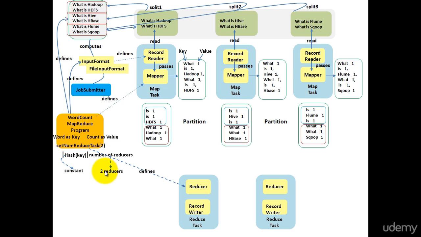In our example, we have configured 2 reducers. So modulo of 2 on any value will always result in either 0 or 1. As a result, all the keys whose remainder is 0 belongs to first partition, and all the keys whose remainder is 1 belongs to the second partition. Finally, all the map outputs are divided into 2 partitions. So the number of partitions will always be equal to the number of reducers.